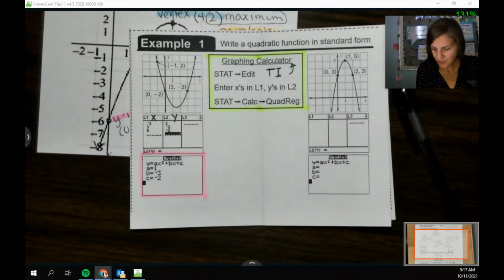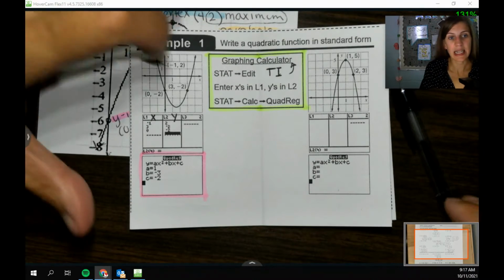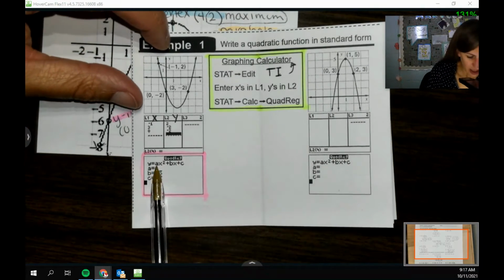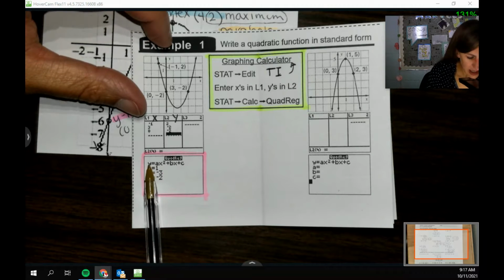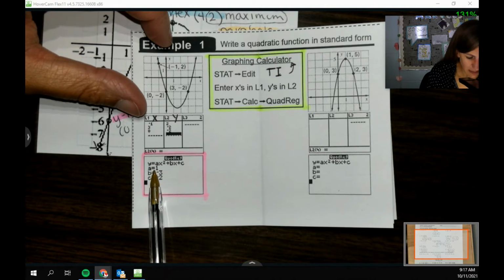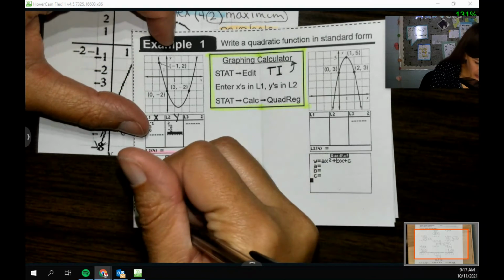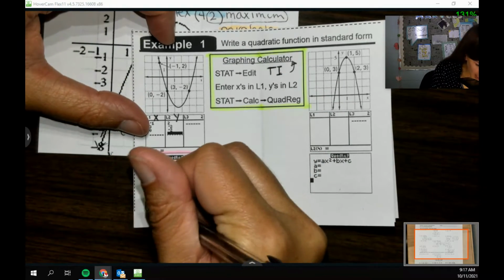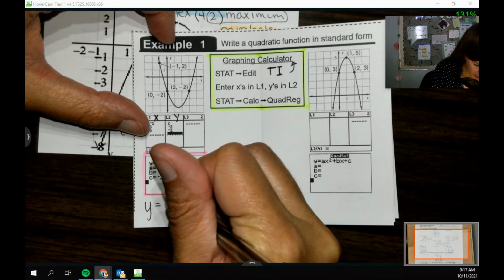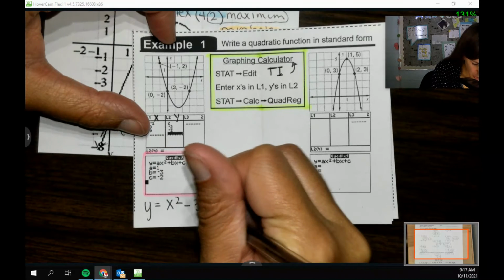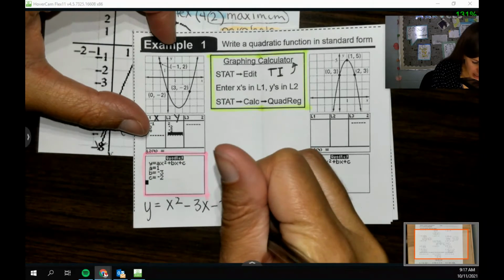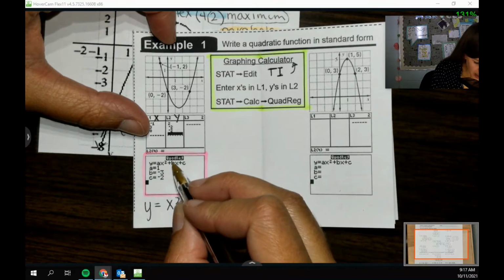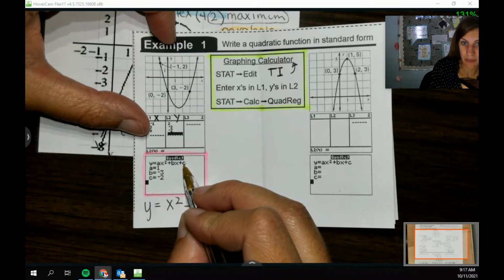So this right here is telling me exactly what I need to know to write my equation in this form. We have our quadratic equation, and they're telling me what A, B, and C are. So I would just write my equation, y equals 1x squared minus 3x minus 2. I just put A in for A, B in for B, and C in for C.